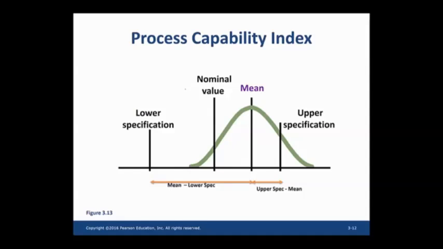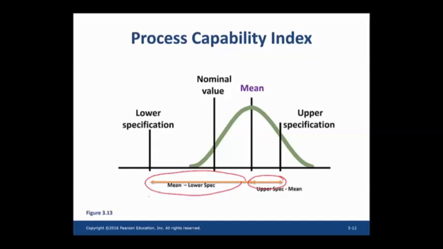Basically, I'm going to split the design specification width into two pieces, right? Upper specification minus mean. So that is this width, right? And the other one is mean minus lower specification. Depending on the shift, one of these pieces will increase or decrease.